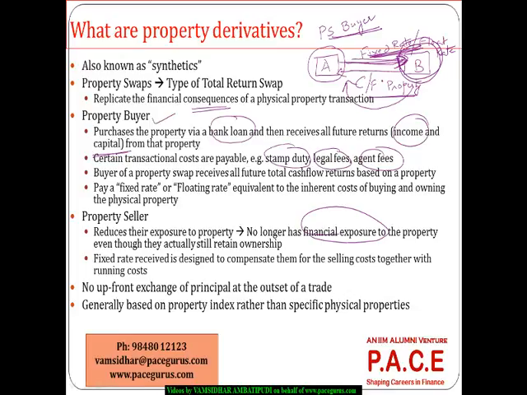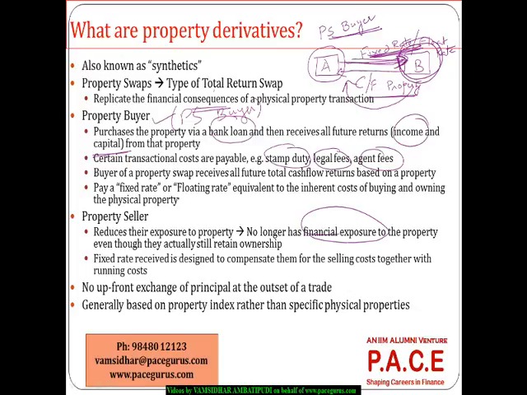So he is reducing the exposure to property, whereas the property swap buyer is increasing his exposure to the property. The property swap seller is receiving a fixed rate, which is majorly for compensating for all kinds of selling costs and running costs, everything included as a part of that fixed rate.